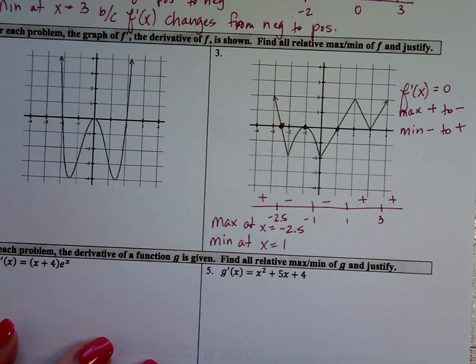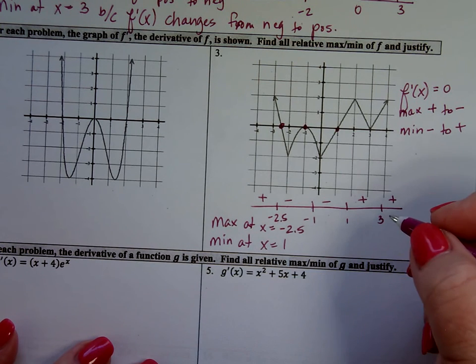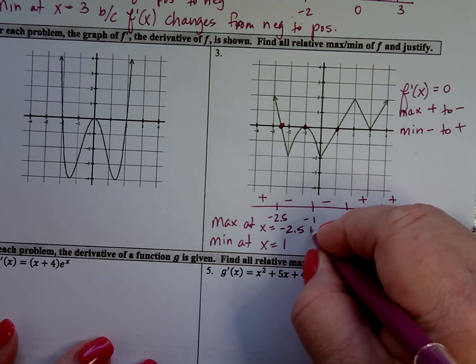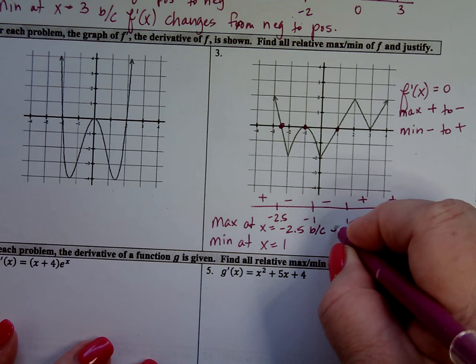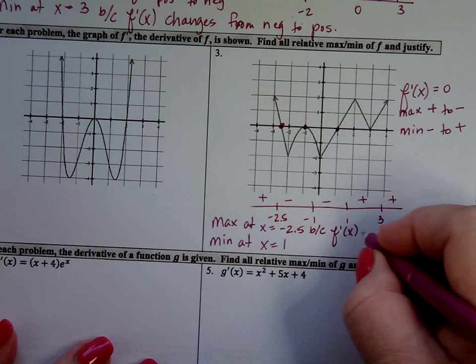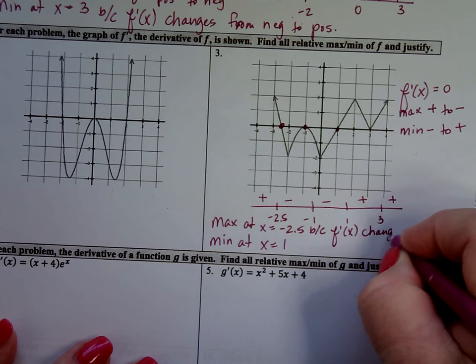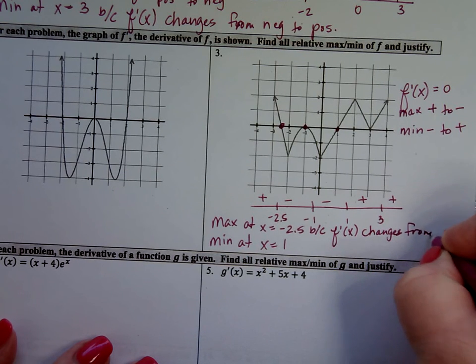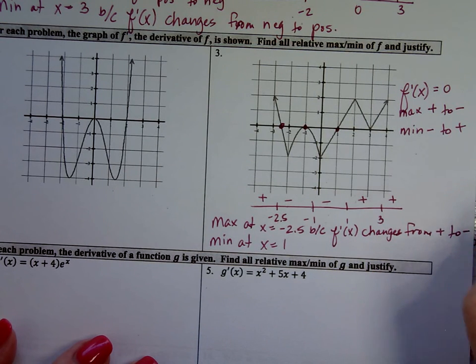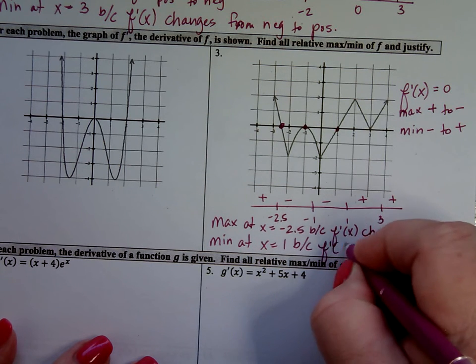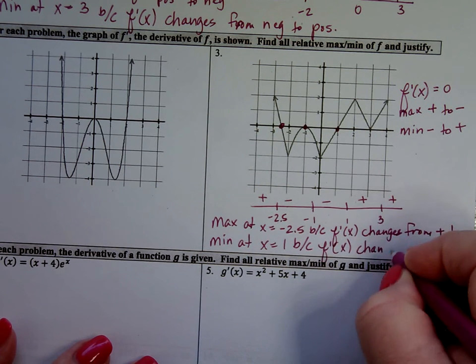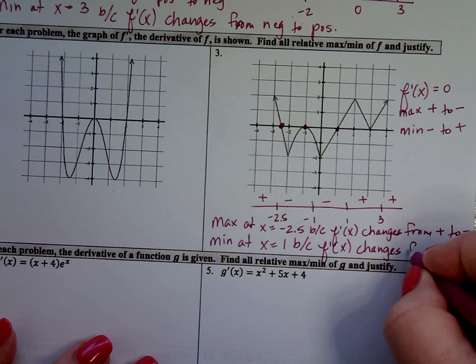So put your reasoning together, justify: a maximum is increasing to decreasing, or I'm sorry, positive to negative. So f prime of x changes from positive to negative at x equals -2.5, and there is a minimum at x equals 1 because the first derivative changes from negative to positive.